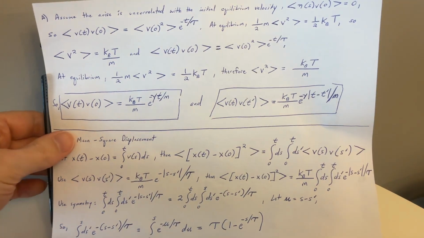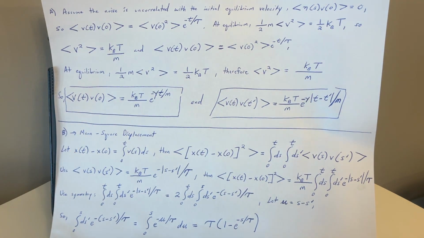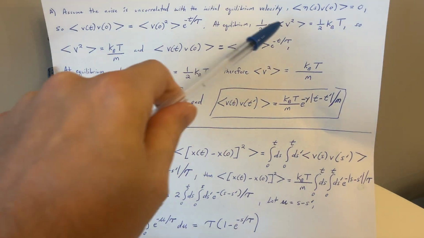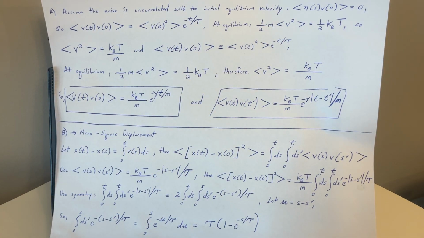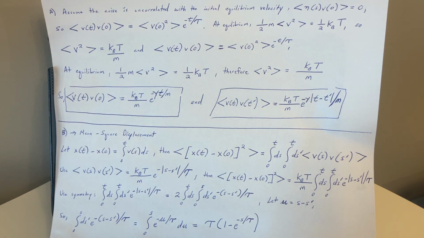Now the second part of part A. Assume the noise is uncorrelated with the initial equilibrium velocity. That is, the expectation value of eta of s, v of 0 equals 0.